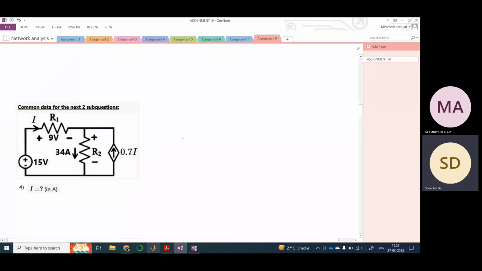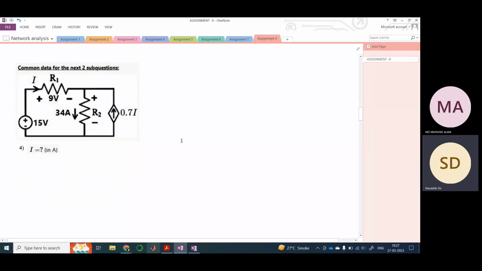Okay. So this is a circuit that is given to us. Simple small circuit, and here you see that we don't know the value of R1. We don't know the value of R2, right? We know the source voltage.